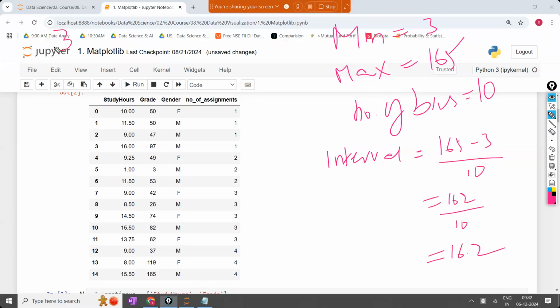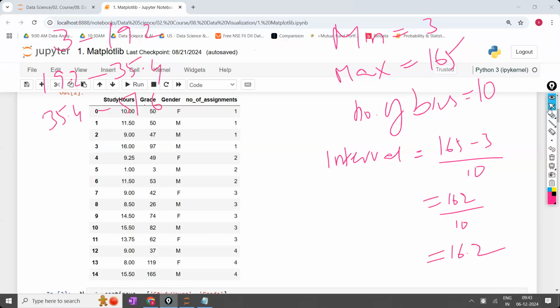So the first one is going to take from 3 to 19.2, since 16.2 will be added. From 19.2, again if you add 16.2, up to 35.4. 35.4, again if you add 16.2, 51.6, like that.